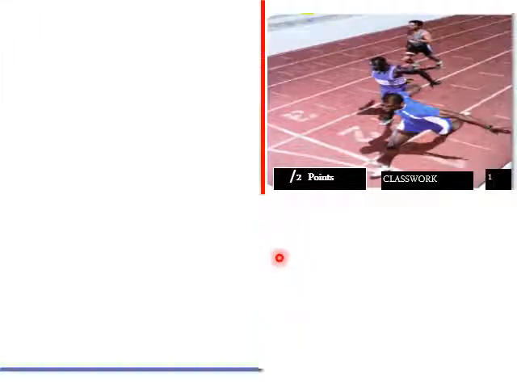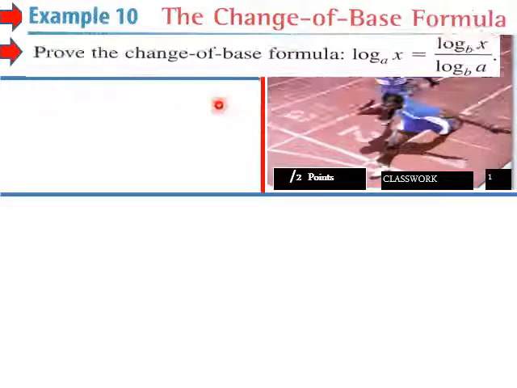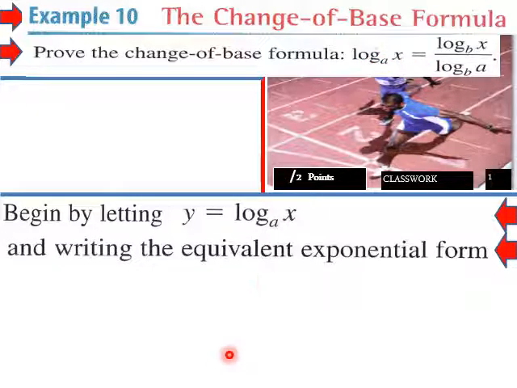Okay, today's lesson, classwork, page 1: prove the change of base formula. So log base a of x equals log base b of x over log base b of a. Begin by letting y equal log base a of x, and then write the equivalent exponential form, a to the y equals x.